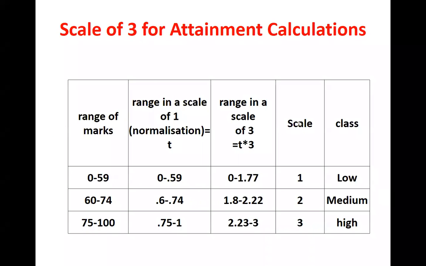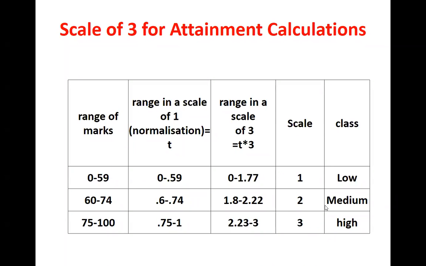Here, the scale which I have selected is a scale of 3, because in the recent manuals, they are using a scale of 3 for attainment calculation. And here I have set the range of the marks which I am going to use for my attainment calculation. I have taken the total marks out of 100.